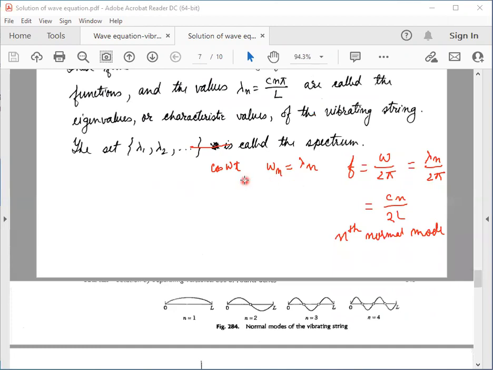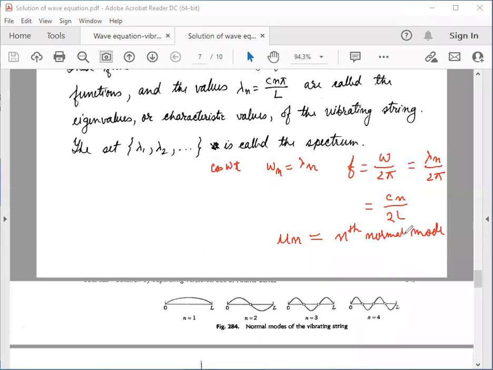Okay. So let me erase this line. So the nth normal mode. What is the nth normal mode? The solution u_n is called the nth normal mode.